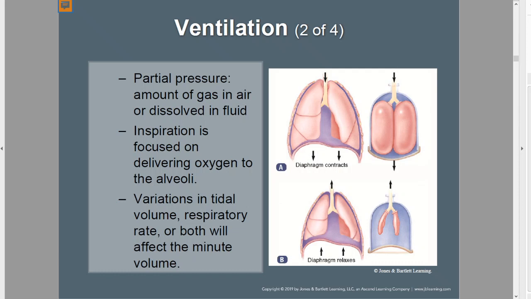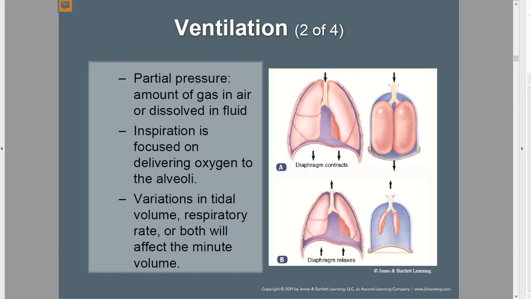Okay, so then there's something called residual volume, and that's just the amount of air that's going to remain in the lungs after your max expiration. After you breathe out all the air you can breathe out, it's what's going to be left.